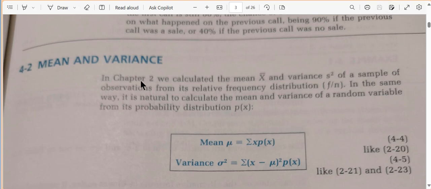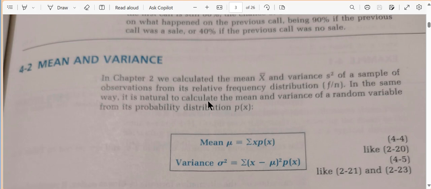They said in chapter 2 we calculated the mean and the variance. S is the standard deviation, so S squared is the variance of a sample of observations, just like some data from its relative frequency distribution. So they did it that way. We didn't do that in our class, but hopefully you've done that before.